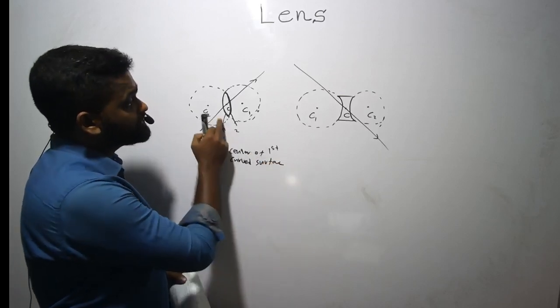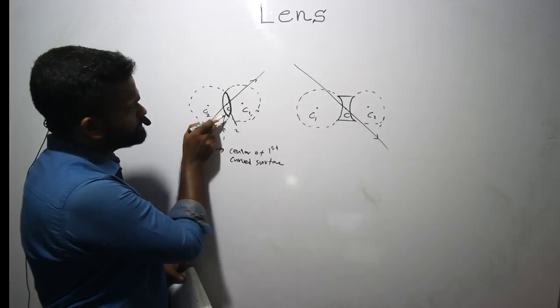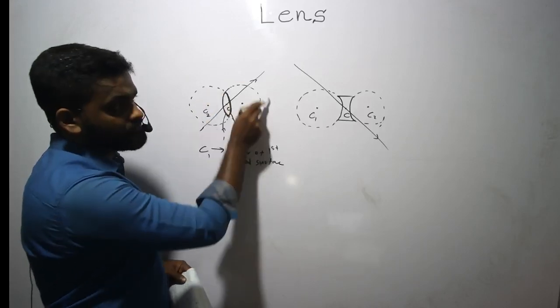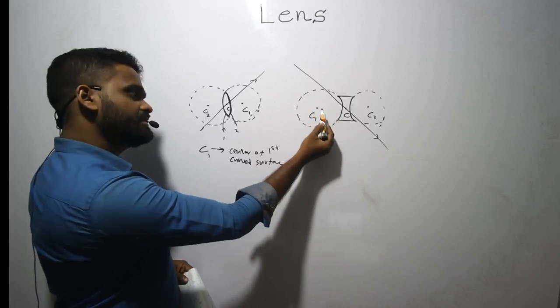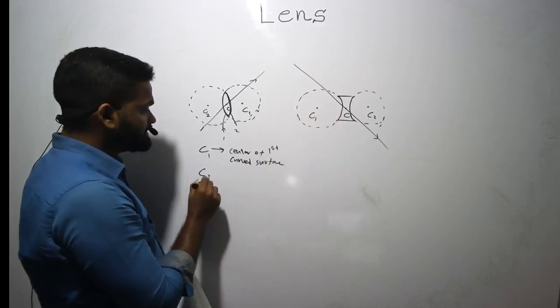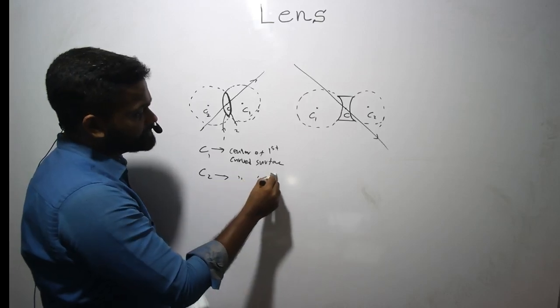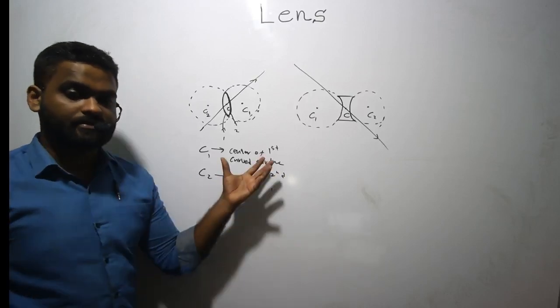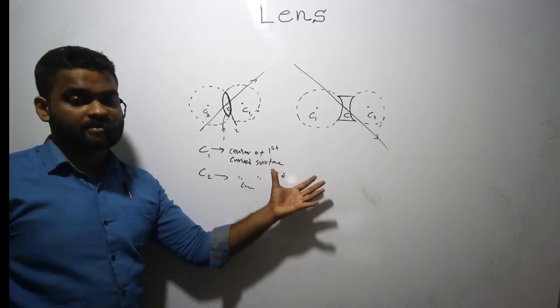C1 is the center of the first curved surface, right? So the first curved surface means this. Here you have the center of that curvature. But C1 here, for this concave lens, right? Then C2, center of second curved surface. Center of second curved surface, that is C2.